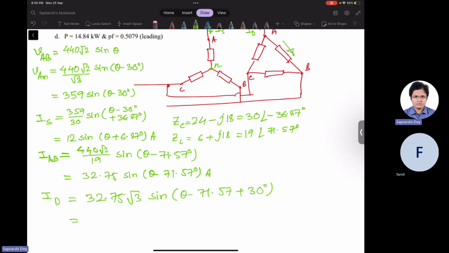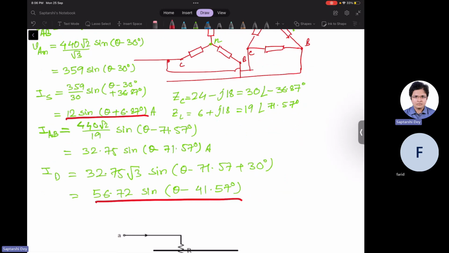So that times root 3 gives me 56.72 sine theta minus 41.57. Now these two currents we got here and here, their vector addition will be the final current.